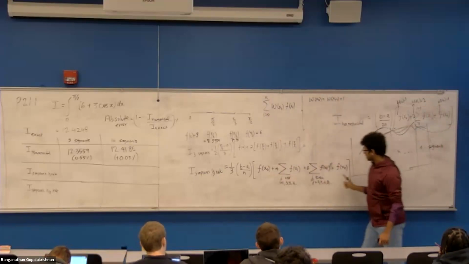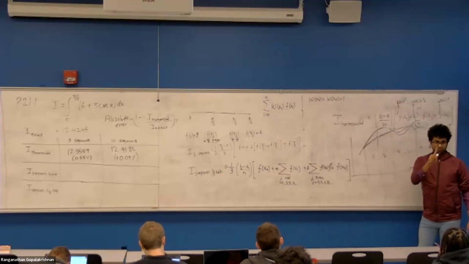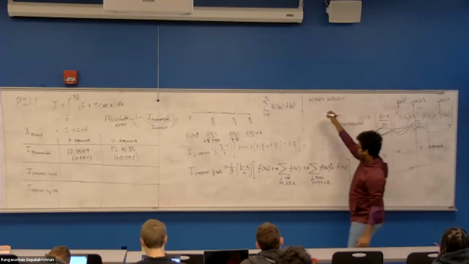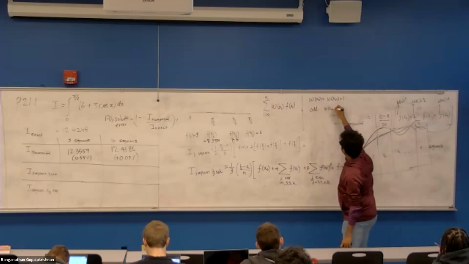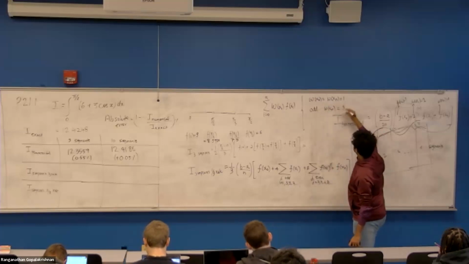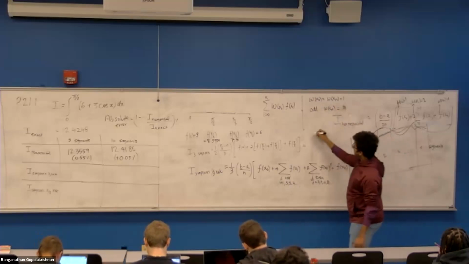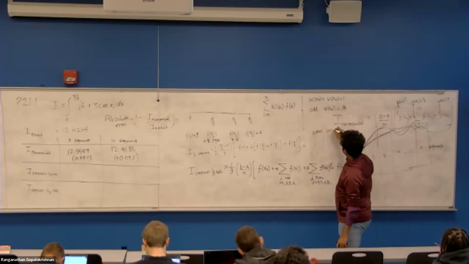The first and last terms have weightage of 1. All the odd terms have weightages of 4, and all the even terms have weightages of 2.